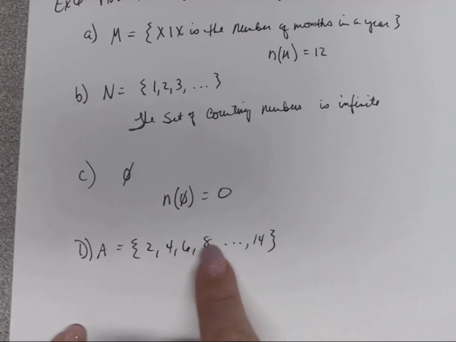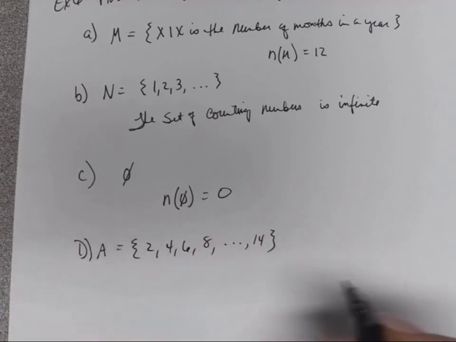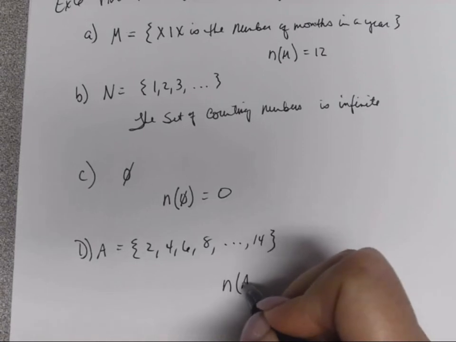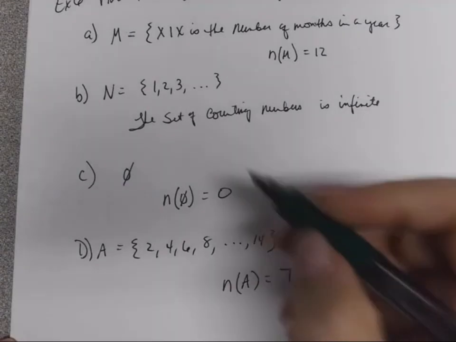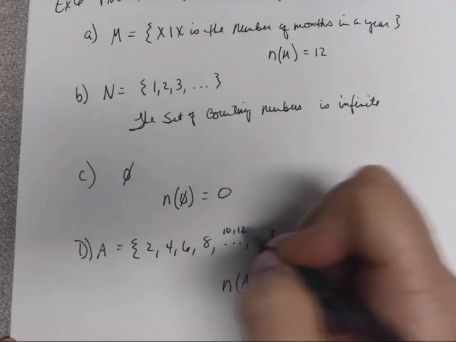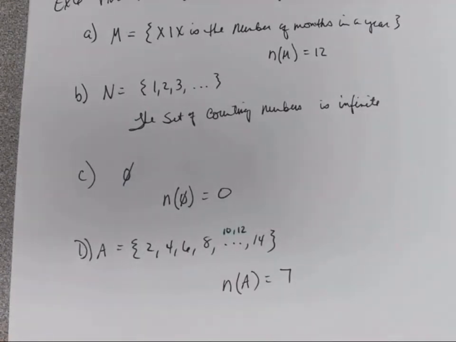We have 1, 2, 3, 4, 5, 6, 7. So that means the number of A is equal to 7. Because we know that this has 10 and 12 in there. They're just not written. They're written with the ellipsis. So that would be how you're finding your cardinal numbers.